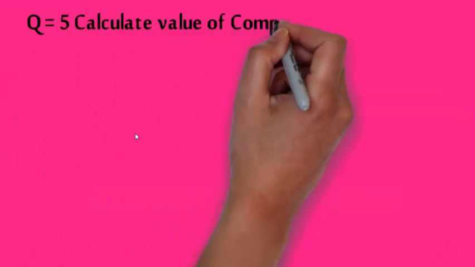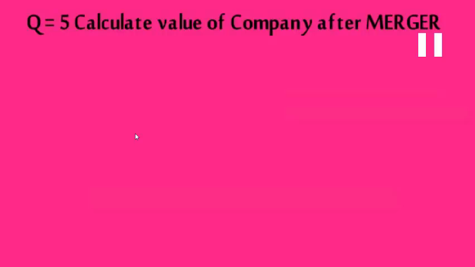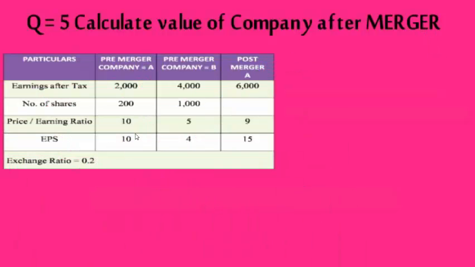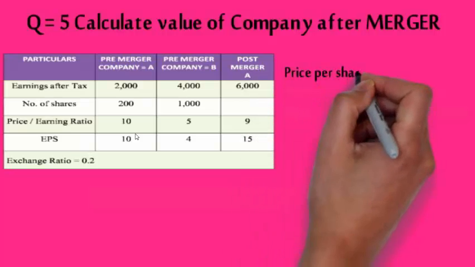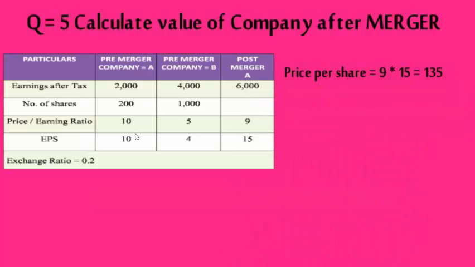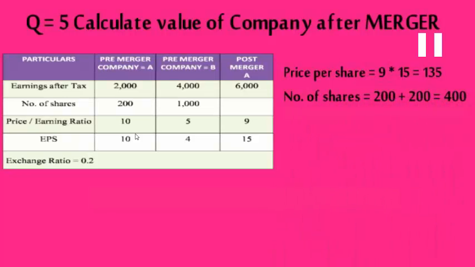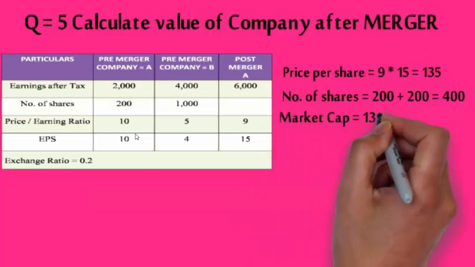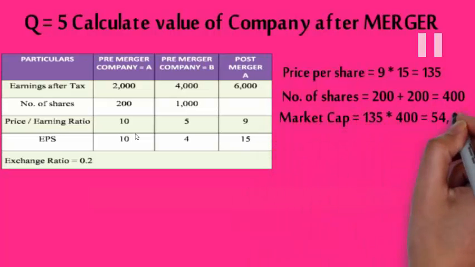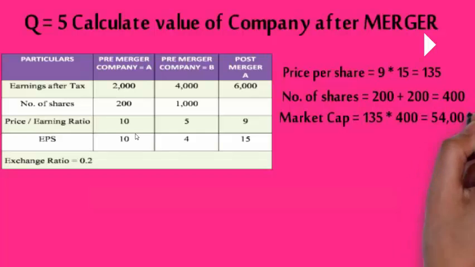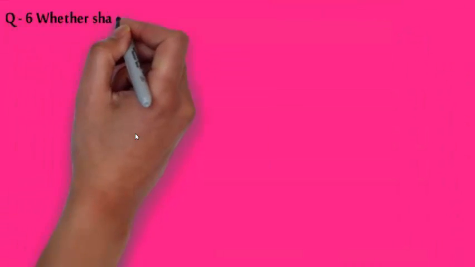Now question 5th, that is calculate the value of company after merger. So we know that the price per share is 135, the number of shares, that is 400, that is 200 plus 200. So the market value or the market capitalization will be 135 multiplied by 400, that is 54,000.